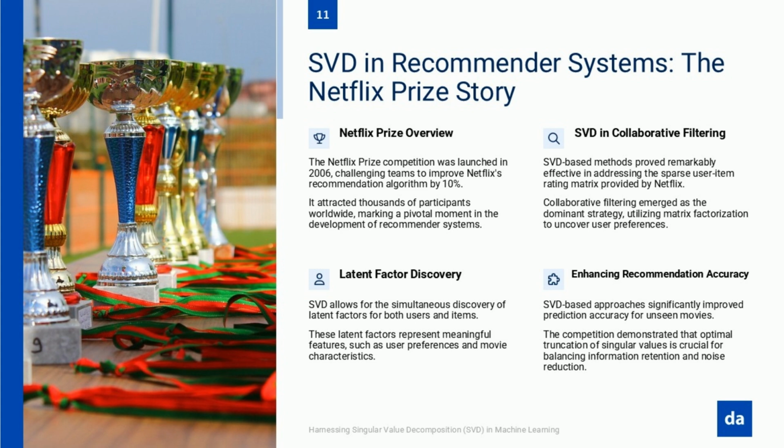This compression captures the essential structure while filtering out noise and enabling predictions for the vast majority of user-movie pairs that lack explicit ratings. Performance metrics from the competition revealed just how effective these approaches could be.